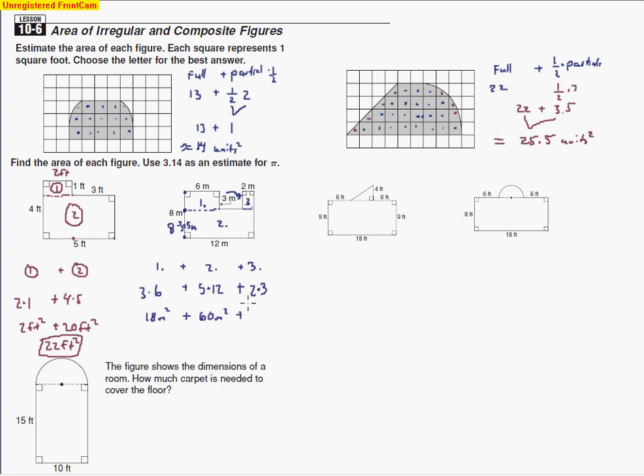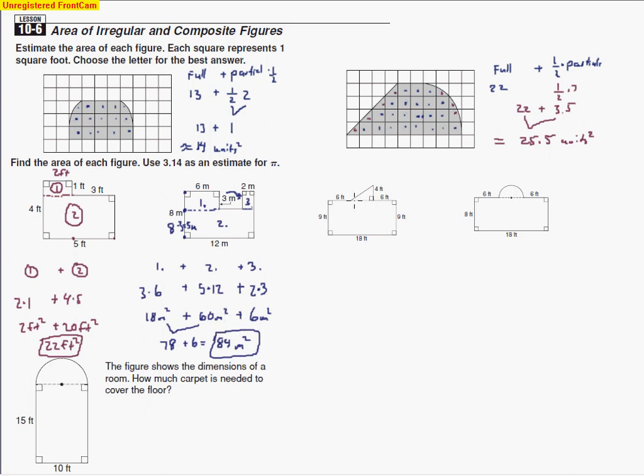So when I go ahead and multiply those numbers, I get 6 meters squared. So I'm adding up these numbers now. I'll start with these two. That gives me 78, and then plus the 6 gives me 84. So 84 meters squared is my answer.